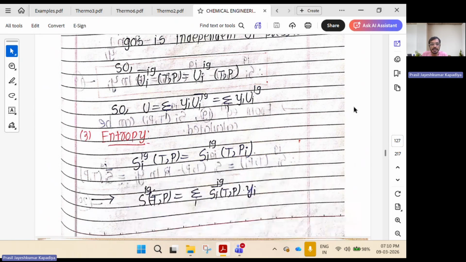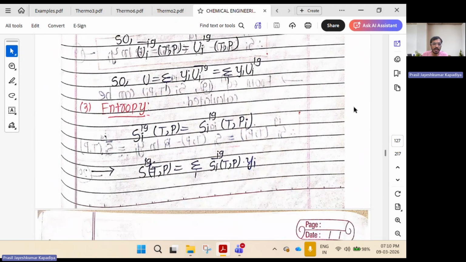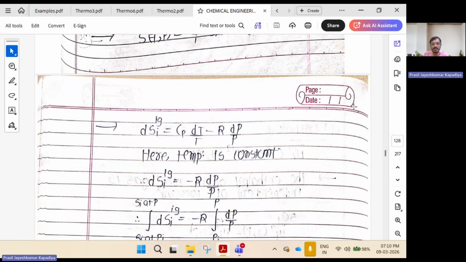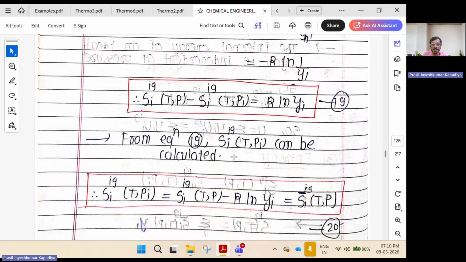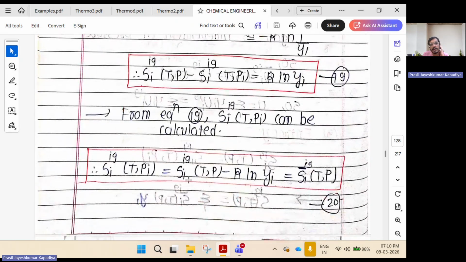Similarly, partial molar entropy we cannot directly write. So for that we derived a relation and we see that partial molar entropy is nothing but the ideal gas entropy of that particular component minus R into ln yi. We need to subtract this term, R into ln yi.